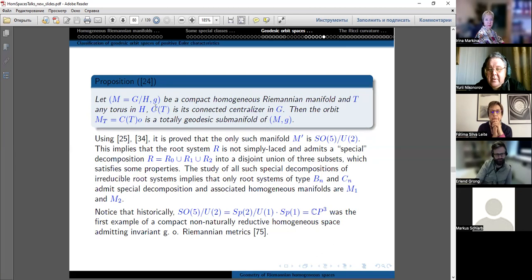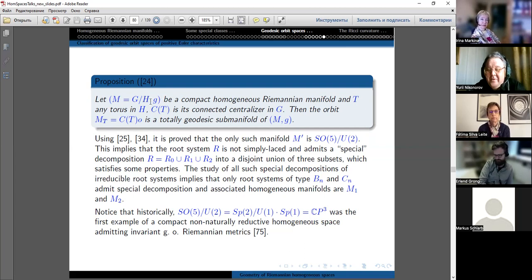Then the connected centralizer of this torus is such that its orbit through the initial point is necessarily a totally geodesic submanifold of the given manifold. It's a very good, very simple, very nice construction. I recall that the simplest torus is a circle, and in any compact group we can find at least one circle, non-empty, of course.